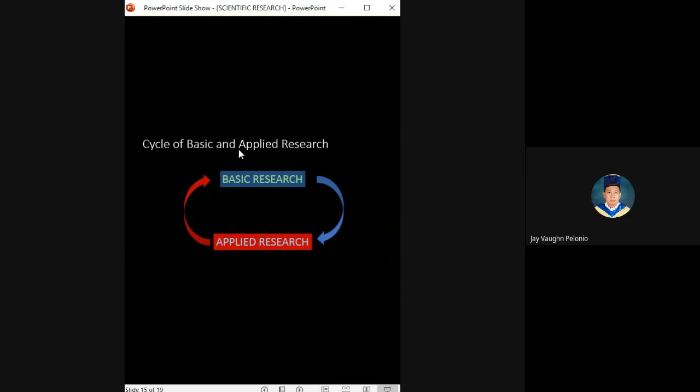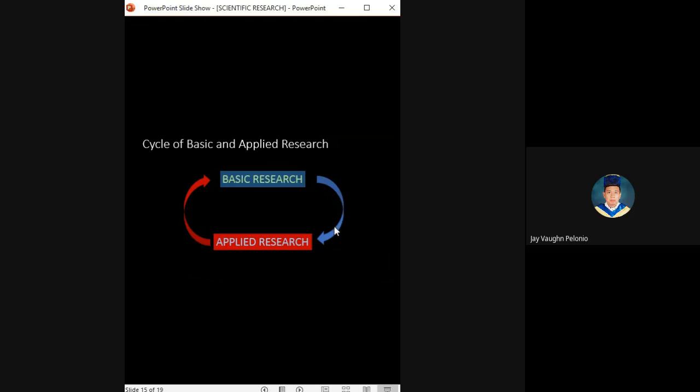Albert Einstein and the rest of the scientists conducted basic research on nuclear theory, radioactive theory, and radioactive decay, etc. So that is basic research. Paano naging applied research yung findings nila?